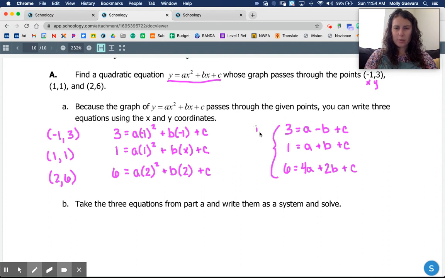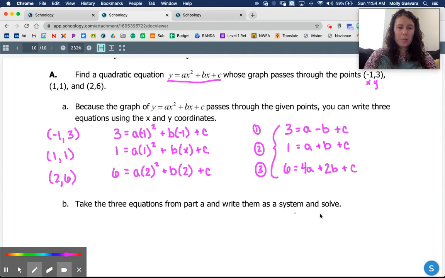So this is equation 1, equation 2, and equation 3. The nice thing that happens when you have problems like this is that you always get plus c. And so that's usually really easy to solve, right? Because they're all just c with no variable in front of them. And so you can just multiply one of them by -1 and it automatically cancels. So that's very helpful.